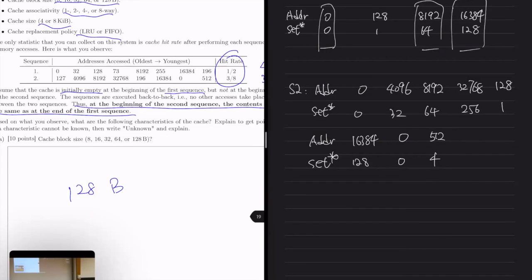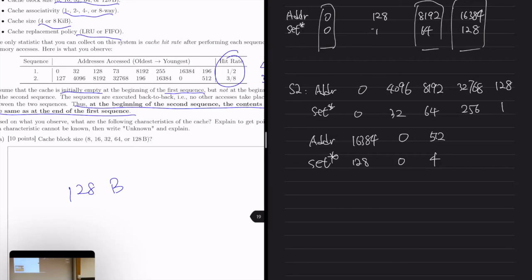Okay, as we can see here, we can know for sure that this access sequence S2 will not replace the cache block 128, because it's in set 1 and no other set asterisk value in sequence 2 could conflict with it.